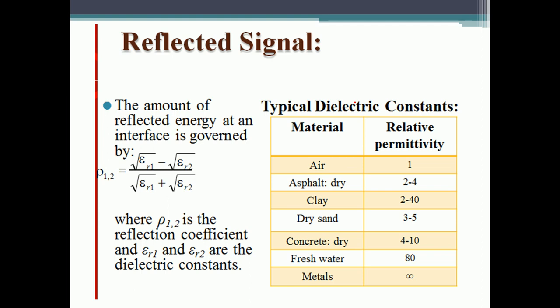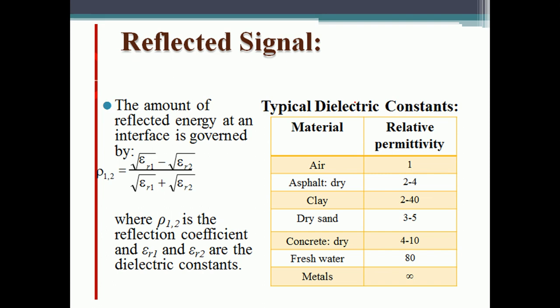Yes, ma'am. Okay. So then I am talking about the dielectric constants. What do we mean by this dielectric constant? Whatever material is situated below the ground surface has a different dielectric constant. For air it is different, for clay it is different, for concrete it is different.